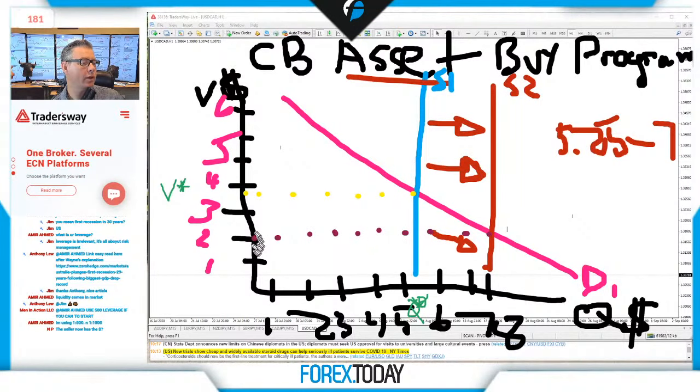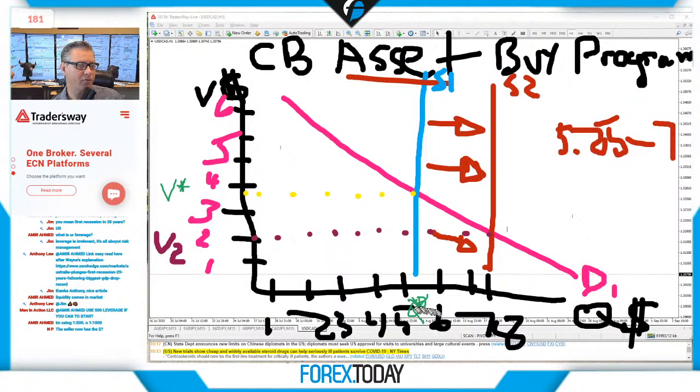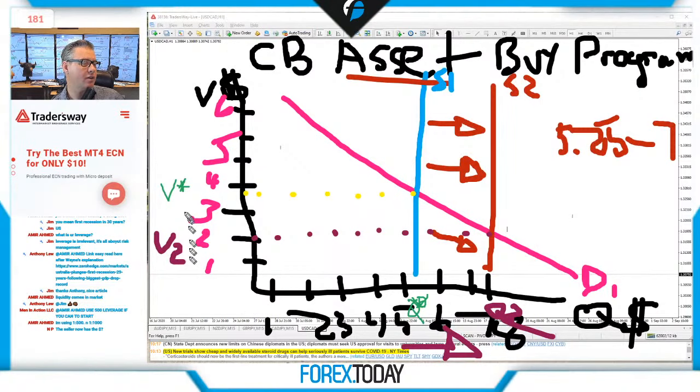We went from V star to V2. We went from Q star to Q2. The quantity of money went up, and the purchasing power, the value of the currency, went down.